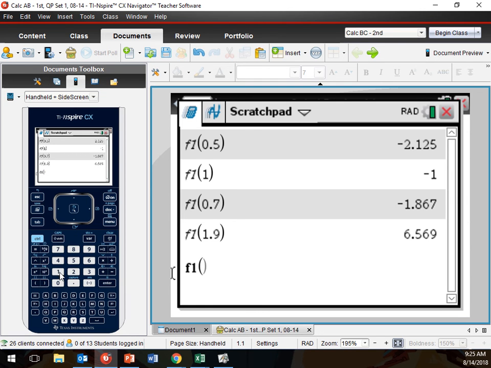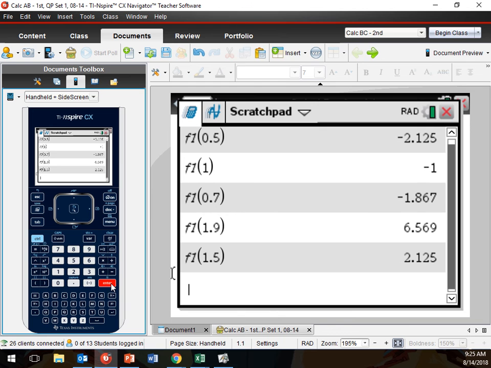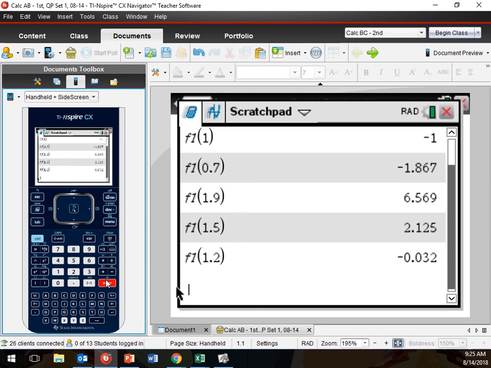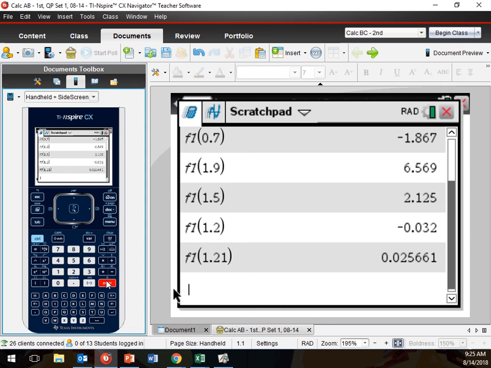Okay, so 1.5. Still too much. 1.2. Close. And it said to how many? 3? It's in between those two. 1 point something, 1.2 something.